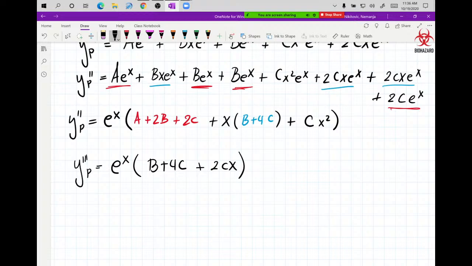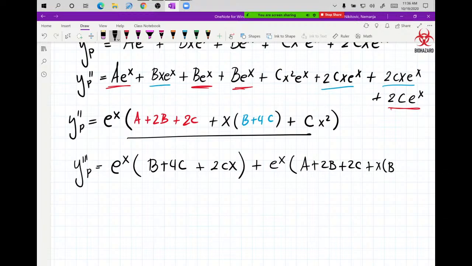So that's our derivative there. Plus copy all of this mess, and derivative of e to the x stays e to the x. So we have this, and then copy the same a plus 2b plus 2c plus x, kill me now, b plus 4c plus cx squared. Who picked this problem?